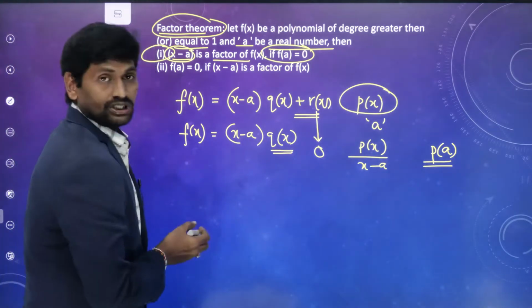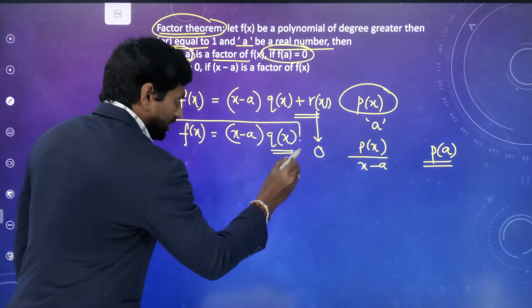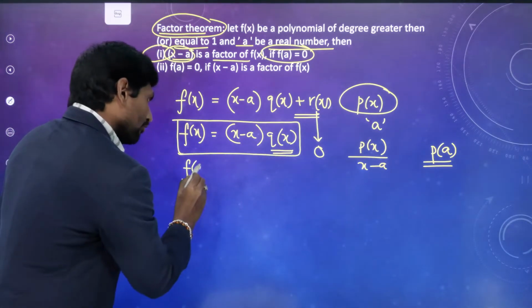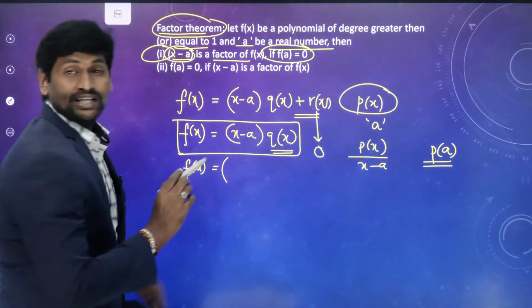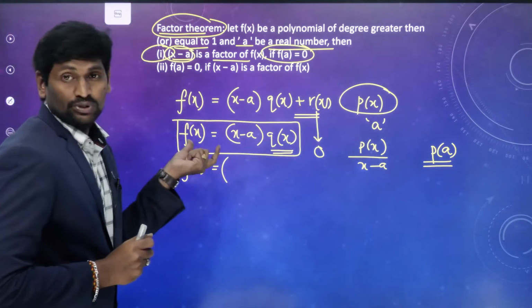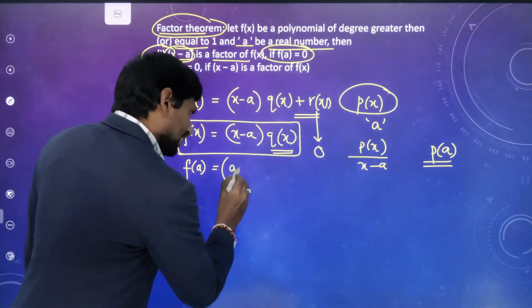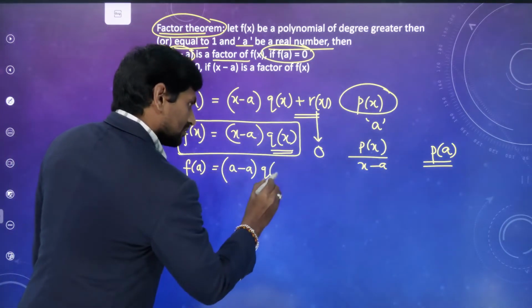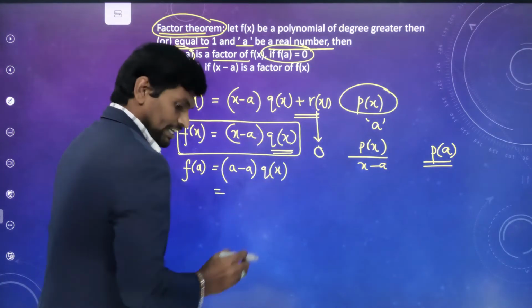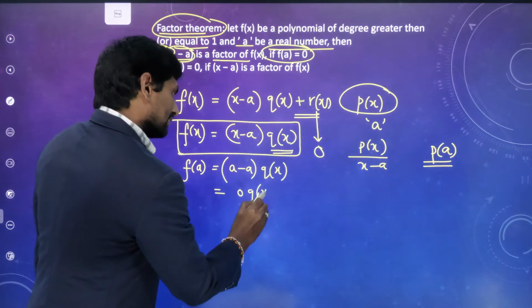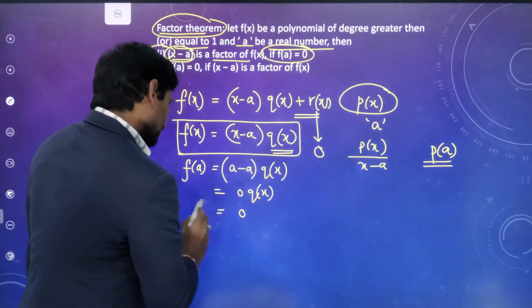Let us substitute the value a in this equation. Then f of a equals, that means in the place of x, we substitute the real number a, so a minus a into q of x. What is a minus a? A minus a is nothing but 0. So 0 into quotient, and 0 into any number is 0.